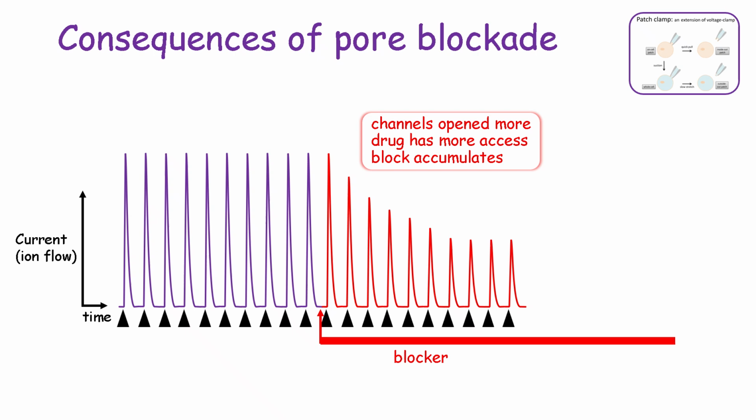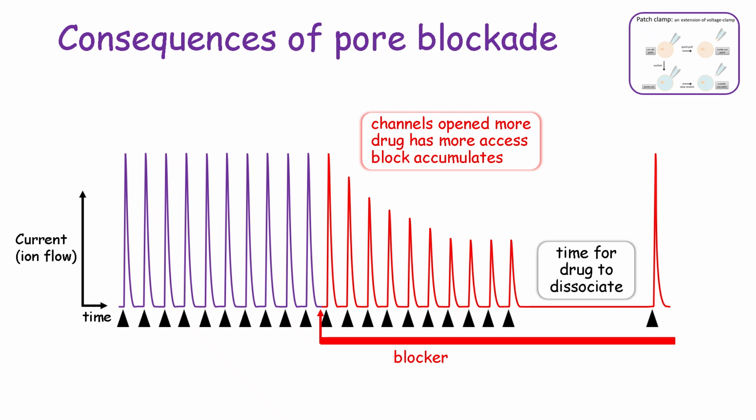At the same time, there's less time between stimuli for the drug to unbind and leave the pore, so the block accumulates in more and more channels. If the stimulation rate is then reduced back to the original low frequency, the current rapidly recovers. That's because the longer interval between stimuli now gives the drug enough time to dissociate from the channels.